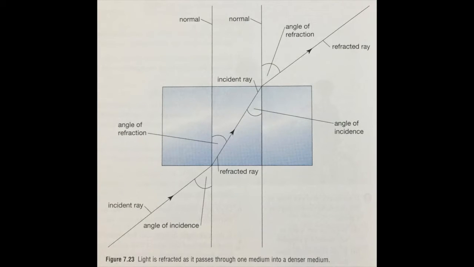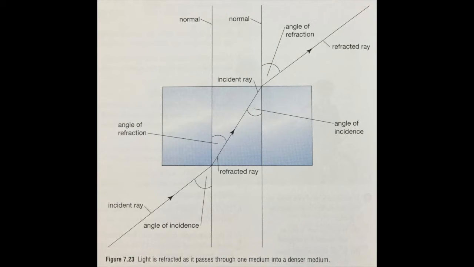Now, before moving on to the next part, where it says, is that all there is to light? Let's look very carefully at figures 7.23 and 7.24. Figure 7.23 says light is refracted as it passes through one medium into a denser medium.